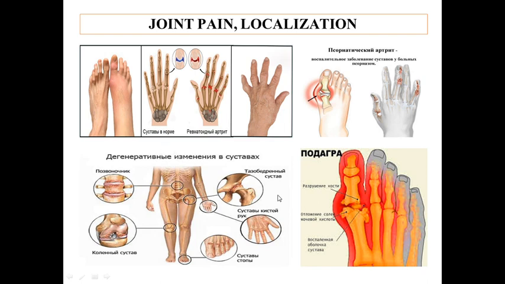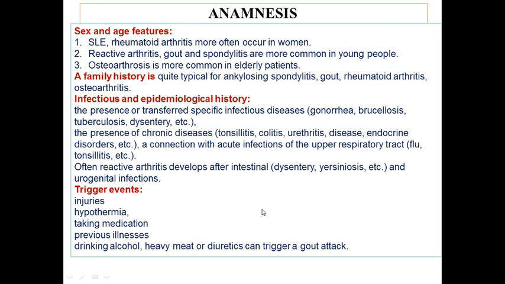For example, gout mostly can cause damaging of weak joints. Rheumatoid arthritis can damage the symmetrical small joints. Osteoarthritis may damage the overloaded joints like the hip joint or the knee joint.